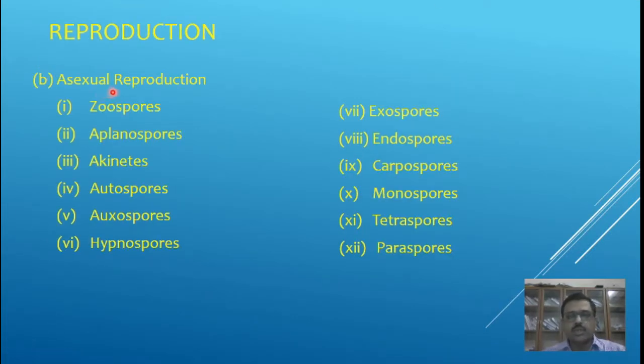Now when we come to asexual reproduction, we see the formation of different types of spores. There are motile spores which are biflagellate or multiflagellate, so that they can move through water. There are aplanospores, which are non-motile spores that are produced in unfavorable conditions. They are larger ones.